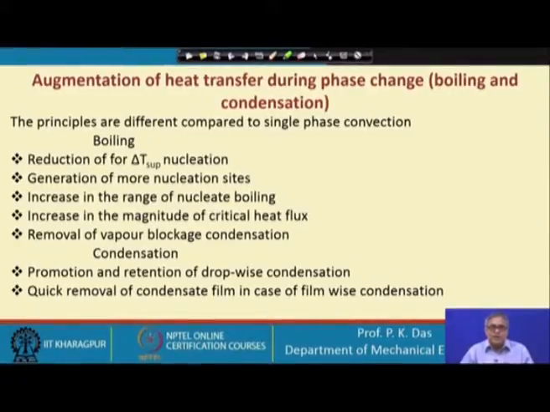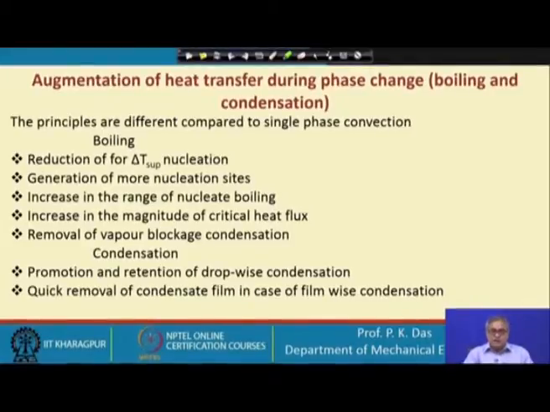That means, basically we are reducing the effective temperature difference between the surface and the fluid. For the generation of more nucleation sites, we need to have more evaporation or more vapor formation. So, from many more places there should be formation of vapor. Then there should be an increase in the range of nucleate boiling.